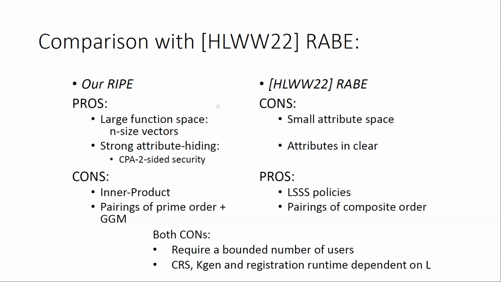Ours actually requires a bounded number of users, and also the CRS and the key generation and registration time are dependent on the number of users, but it is still fine since the communication complexity for handling master public keys and adversarial keys is still low.